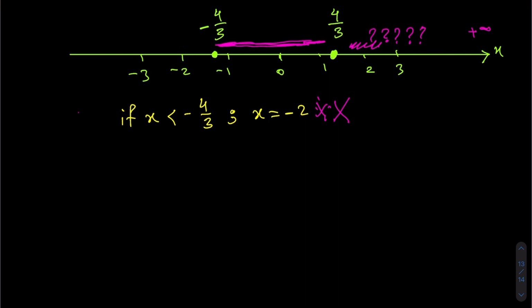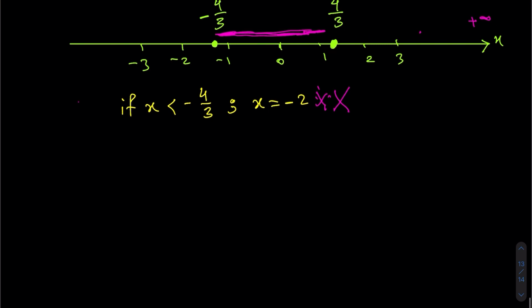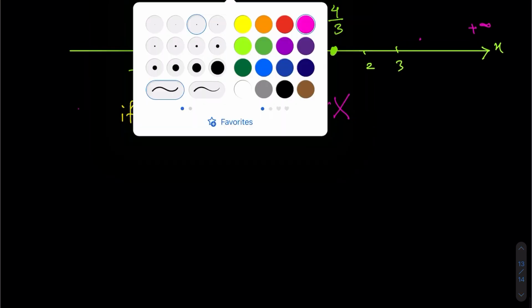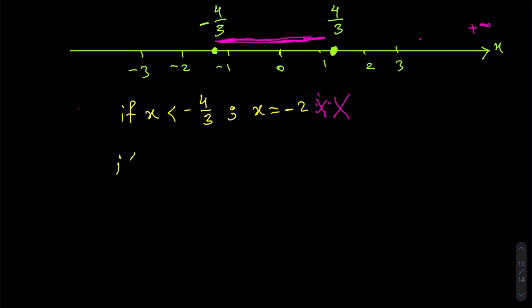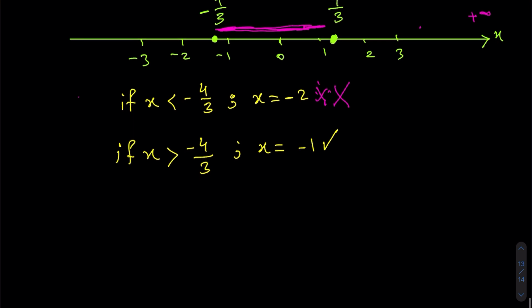So let me just give a number. If x is larger than -4/3, let's say x is equal to -1, for example, and see whether it satisfies the original equation or not.